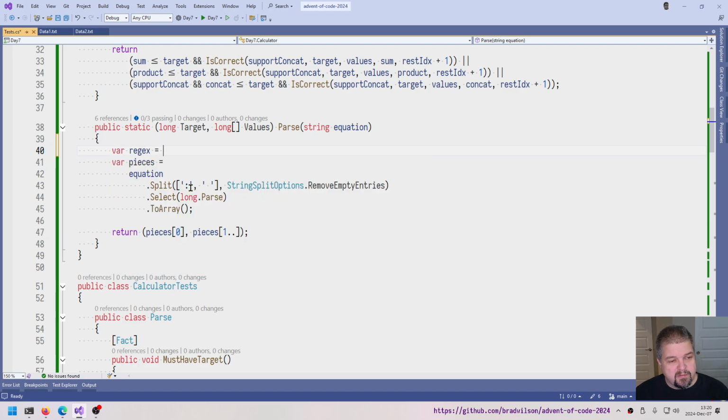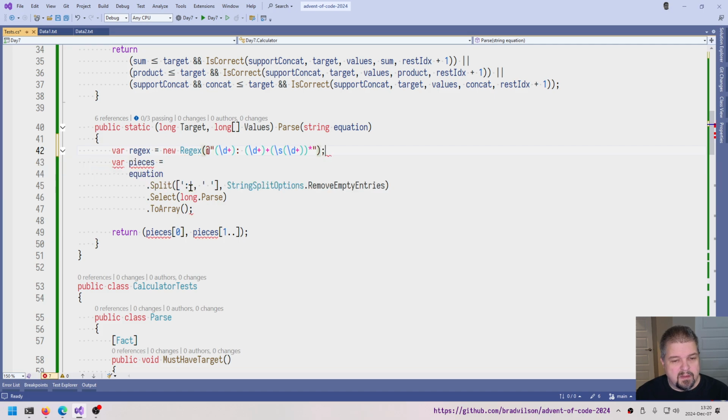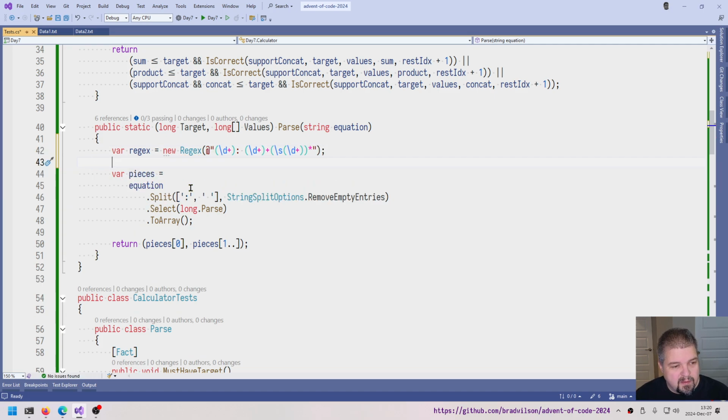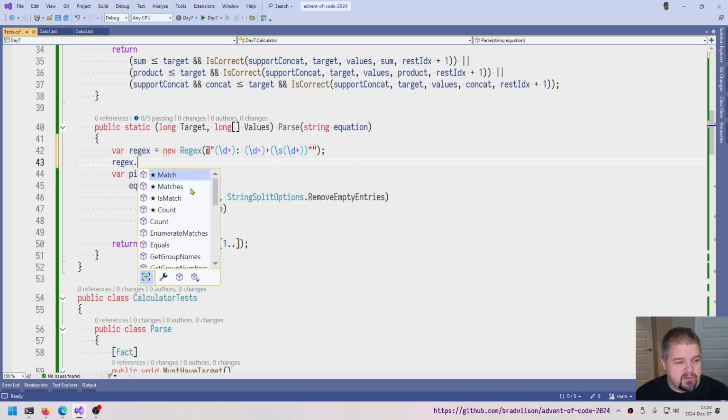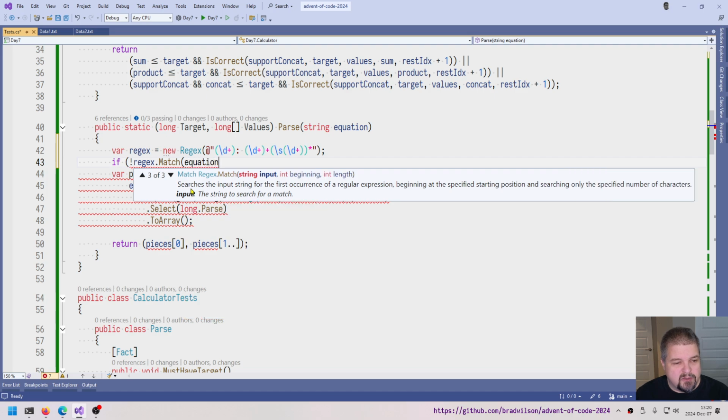So regex is going to be new. Okay, type with an N. New regex. Actually, let's do this. All right. And then we're going to do a regex match. All right, we're going to say if not, regex match the equation.